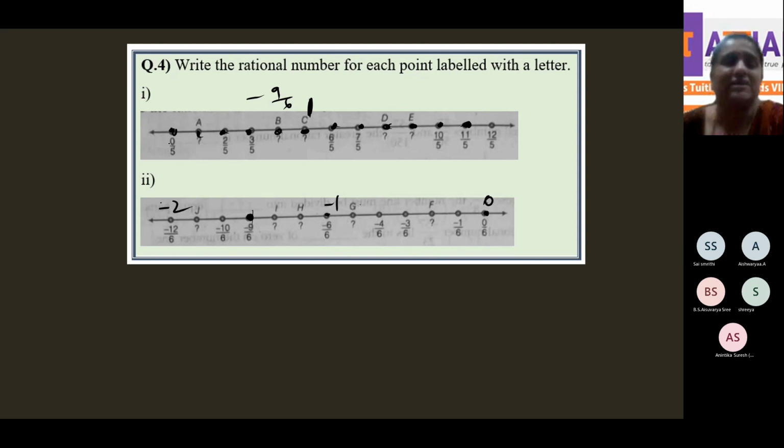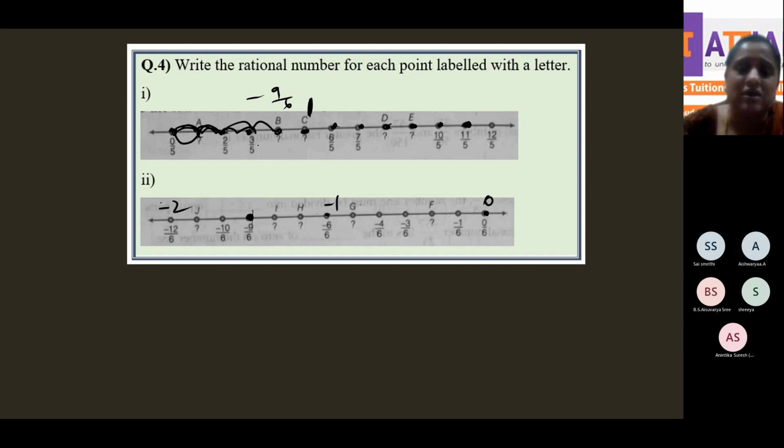See, the spacing should be uniform. It can be anything. It can be half a centimeter, or you can make 3 millimeter spacing, whatever. But the spacing should be uniform. You can take 1 centimeter spacing.